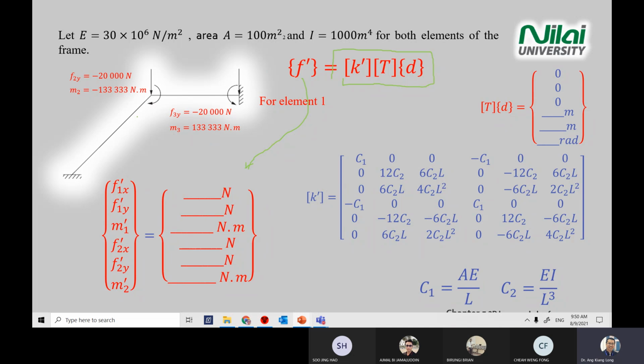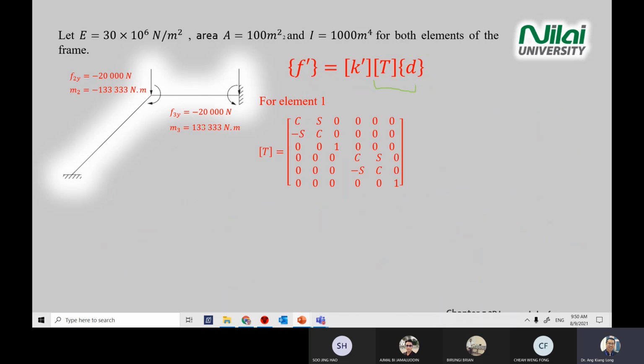Again, if you are looking at a rigid plane frame, your force dimension will have 3 for each point. For point 1, you will have F1x, F1y, and moment 1. For point 2, you have F2x, F2y, and moment 2. This is only in the rigid plane frame chapter.